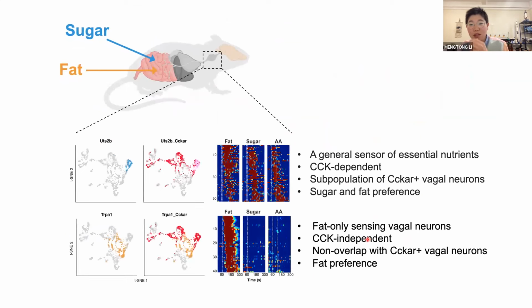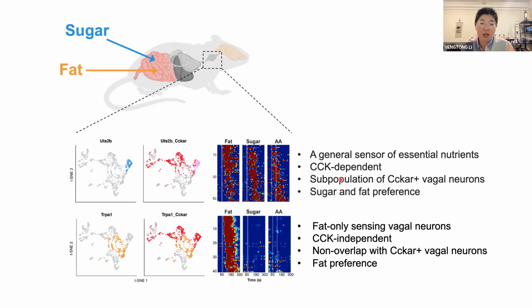So by comparing the gut-to-brain pathways driving preference for fat versus sugar, we uncover two parallel systems. One functions as a general sensor of essential nutrients, responding to intestinal stimulation with sugar, fat, and amino acid, which is CCK dependent.